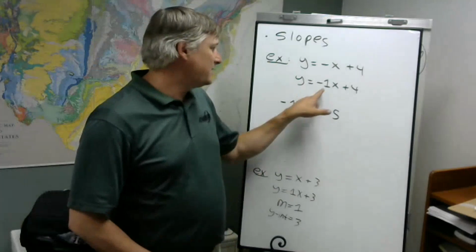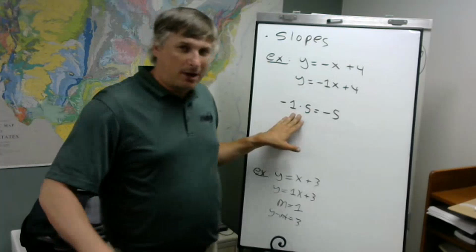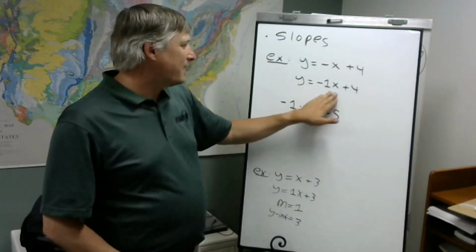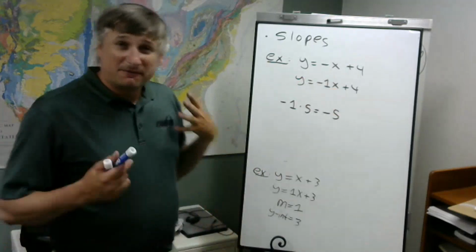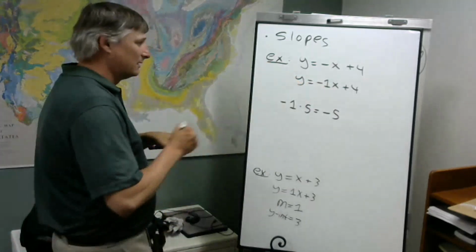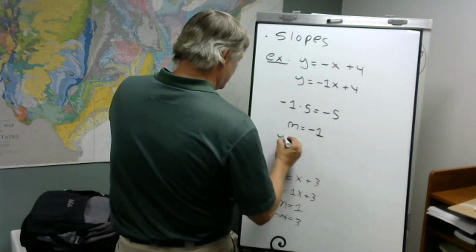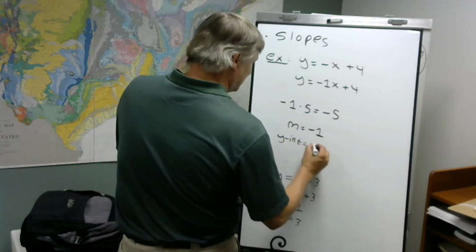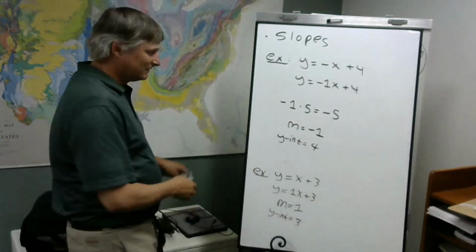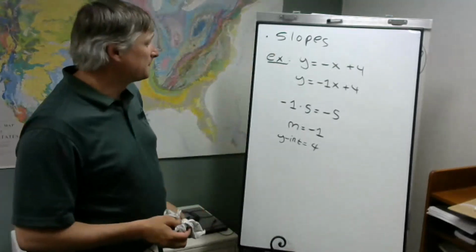Same thing with x. -1 times x is -x. And so in the same way we write -1 times 5 is -5, we're going to write -1 times x is -x. But to figure out slope, we want to go backwards, use this form. So here the slope is -1, and the y-intercept is +4. So just a few notes on slope.